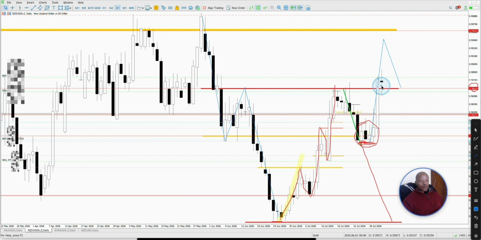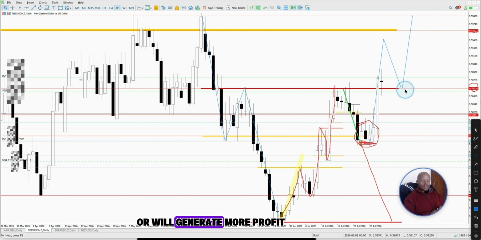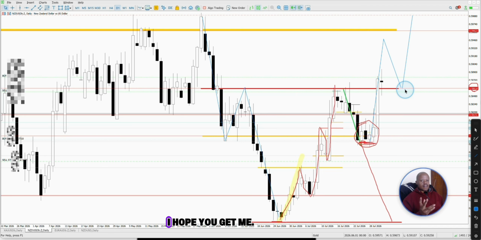I'd rather wait for the market to make a new high and then make a pullback to this level, and then from there I will hold until the target. The second trade will generate more profit, it will add more profit on the buyers' side. I hope you get me.